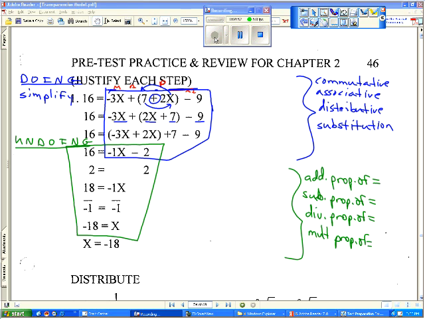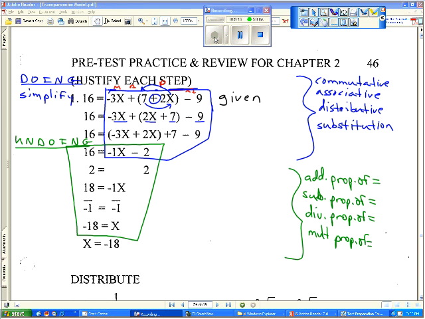Now, when we're justifying statements with a property of equality, we want to know: where did this come from? What is this a result of? And the first statement was not a result of anything, it was given. So in an algebraic proof, we make the first statement given.